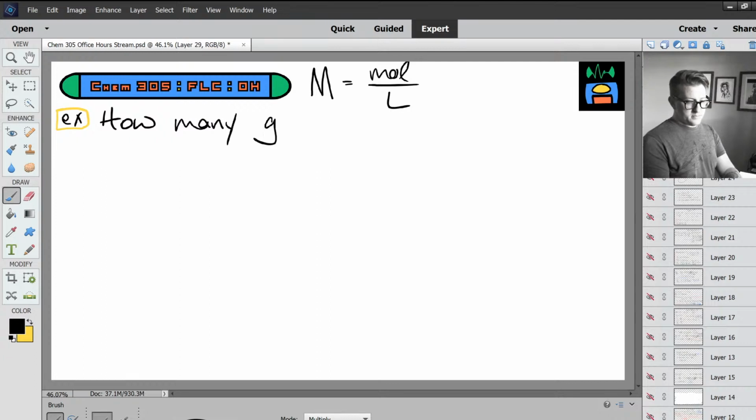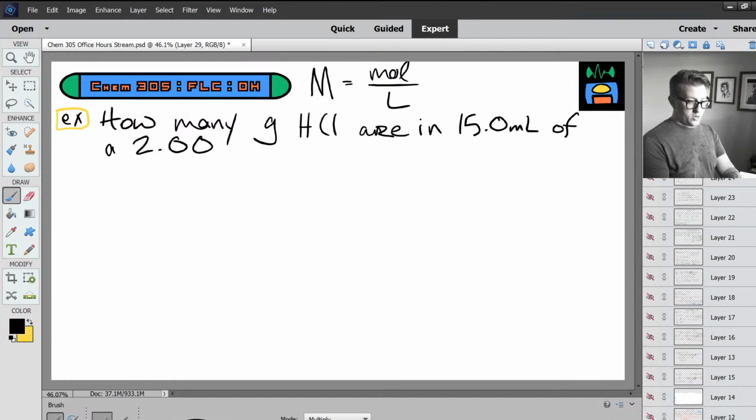How many grams of HCl are in 15.0 milliliters of a 2.00 molar solution?